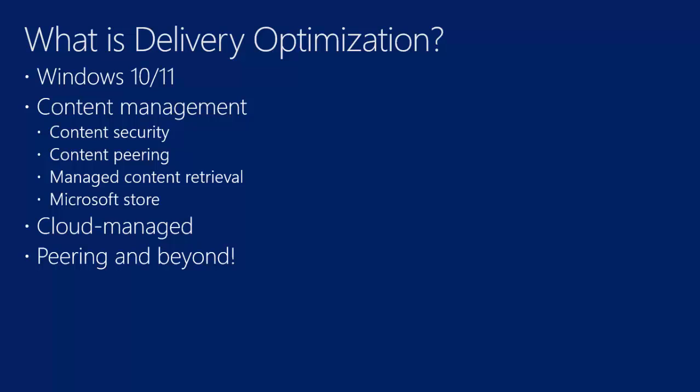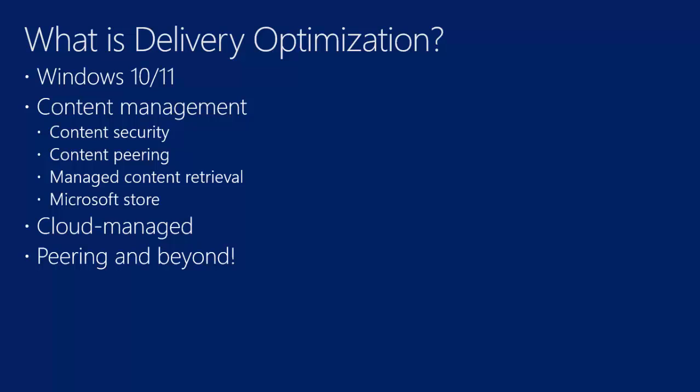And then when the second client comes up, then assuming that content type is supported for peer-to-peer distribution, again, asterisk there, more on that in a minute, then the delivery optimization cloud service might tell the second client, oh, by the way, you can go get this range of bits for this content from your peer on the network who just started downloading it.